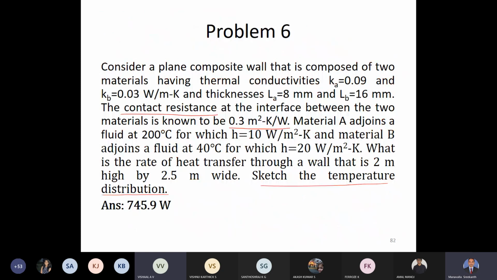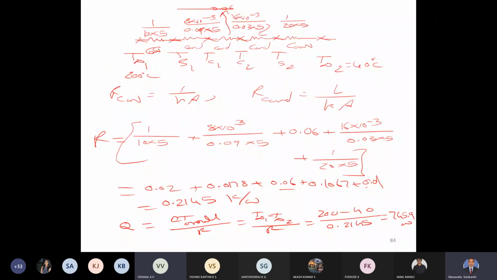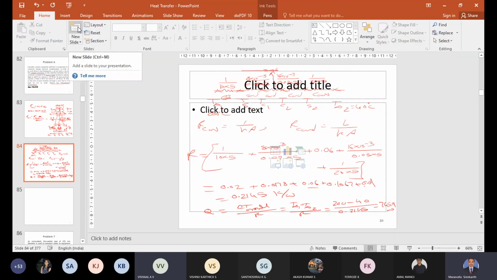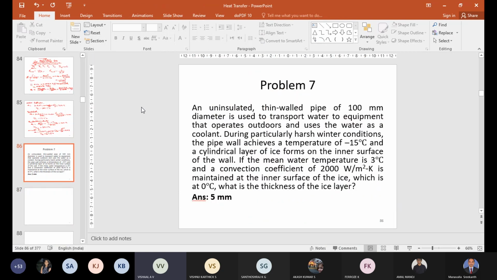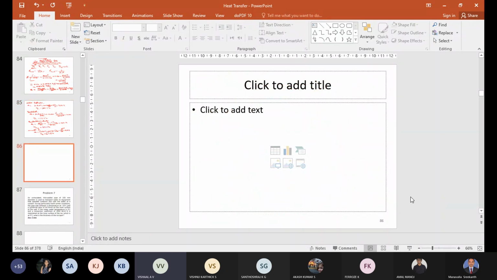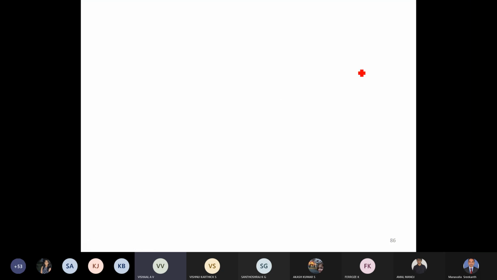What we need to do is sketch the temperature distribution. I'll create a new slide so that now we will draw the slabs.